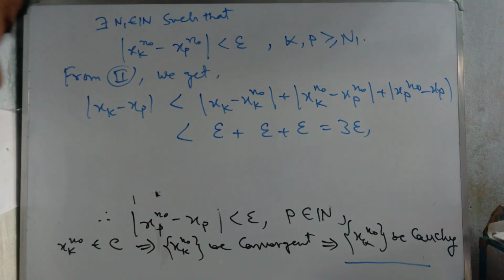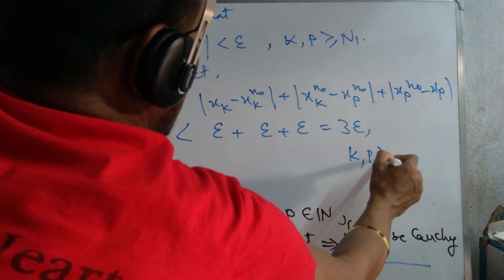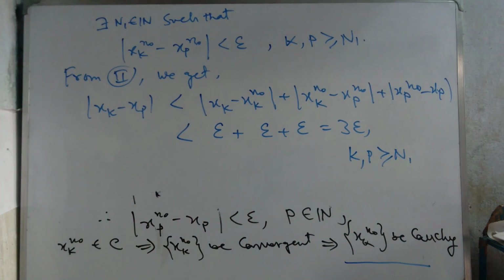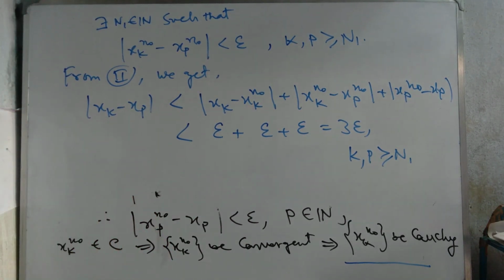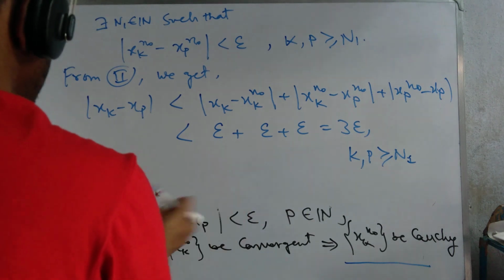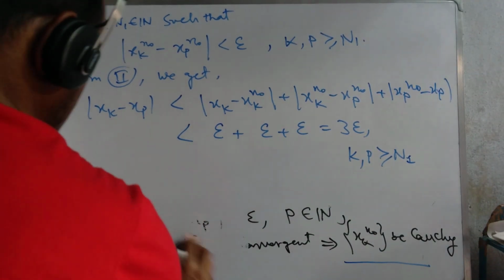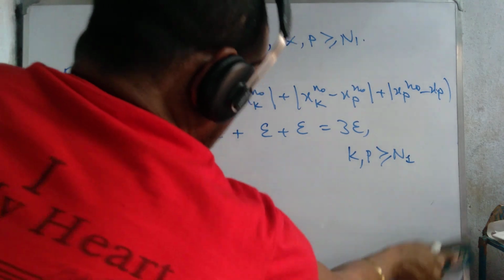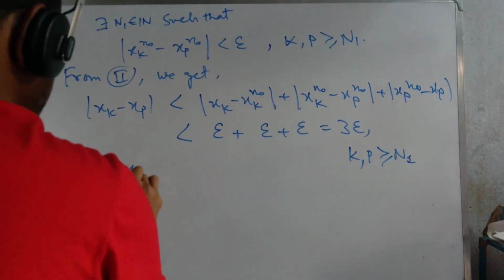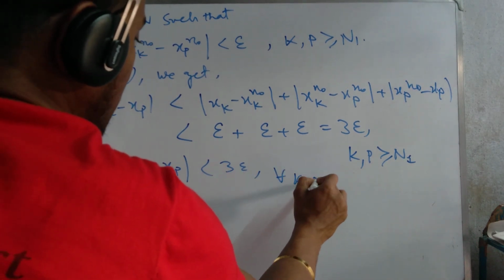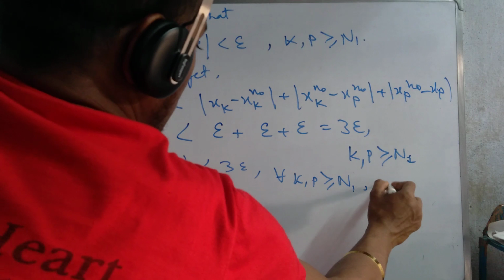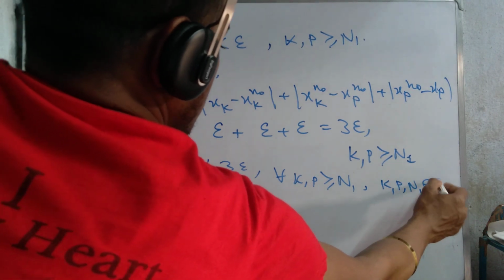Where this happened: obviously k, p greater than or equal to n1, and this happened when k, p belong to the natural numbers. So we write this one now: |x_k minus x_p| less than 3 epsilon for all k, p greater than or equal to n1, where k, p, n1 belong to the natural numbers.